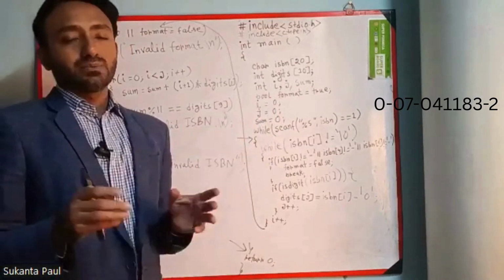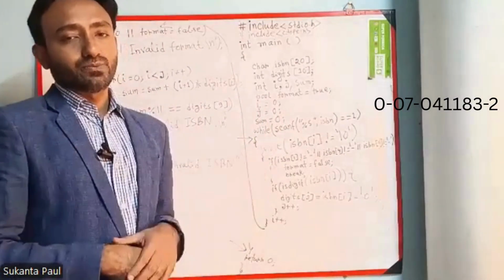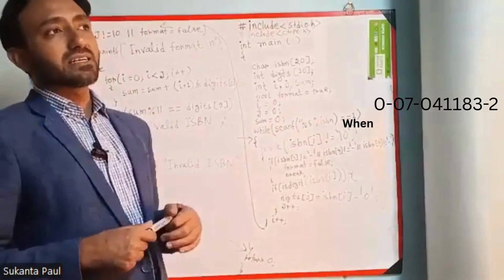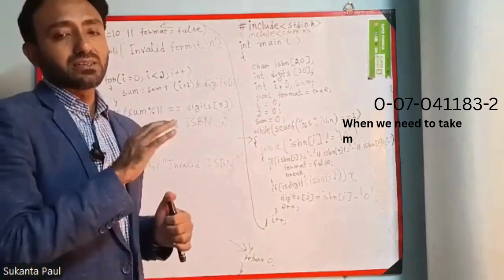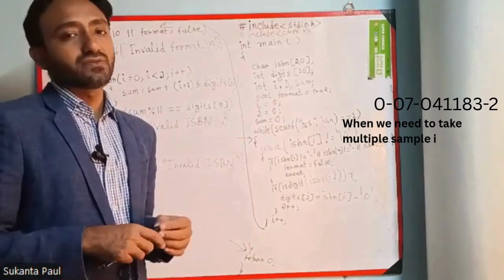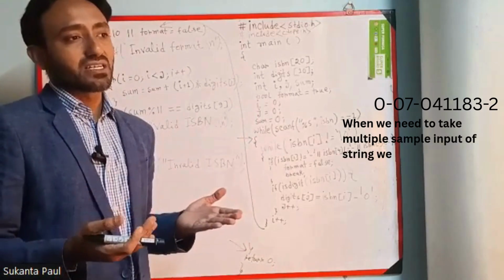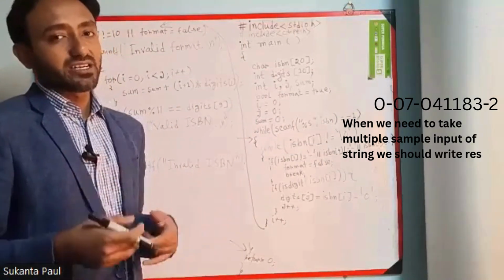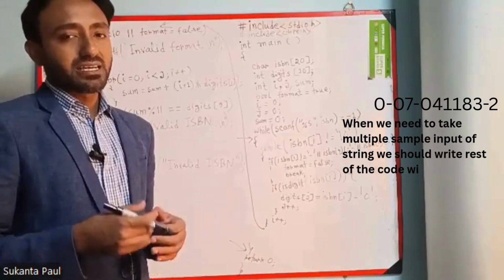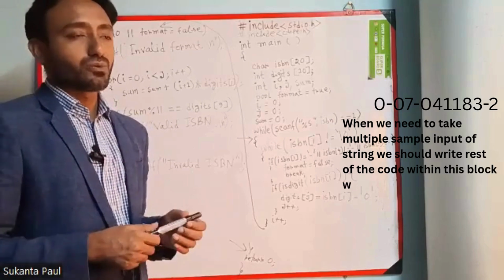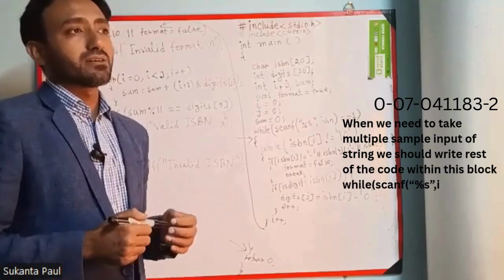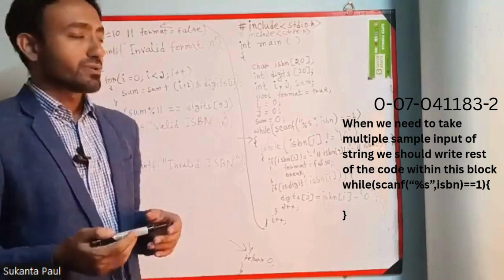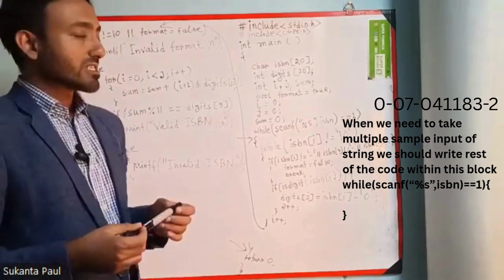Now, come to the input portion, the sample input. We will take input for the first test case, and after taking input, we will get the output. Then we will take another input. So we are working on multiple inputs at a time.